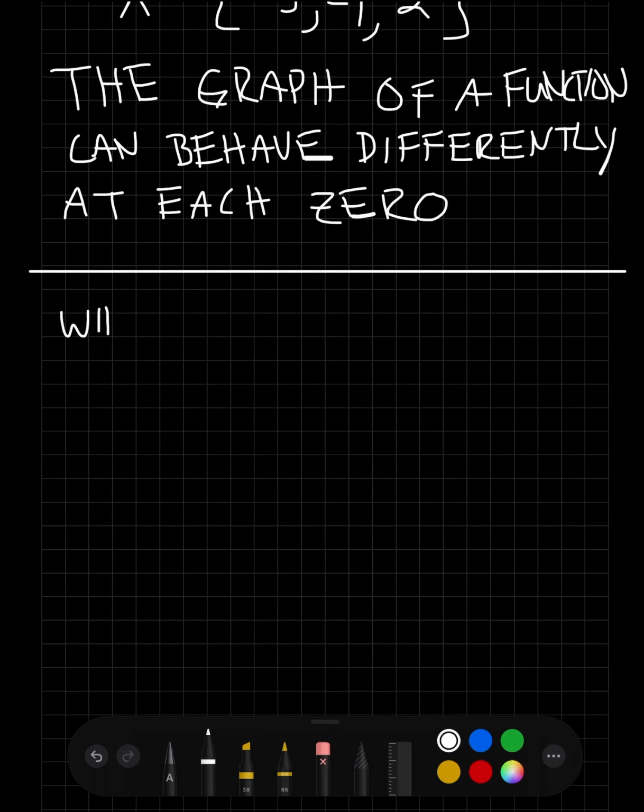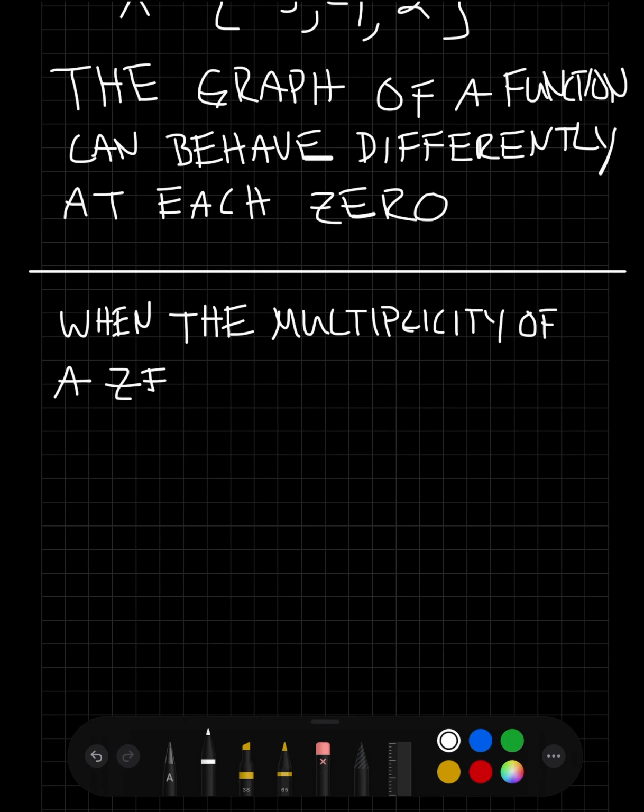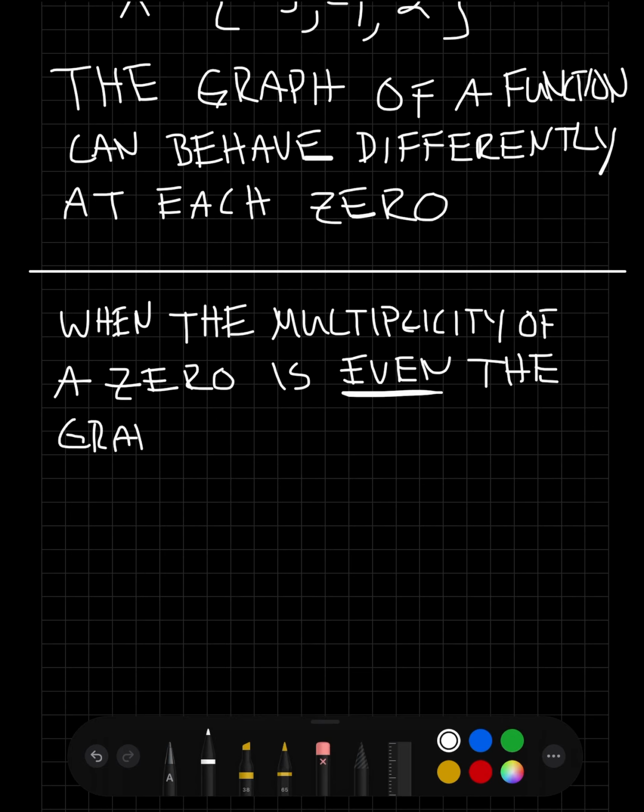So when the multiplicity of a 0 is even, the graph bounces off the x-axis at that point.